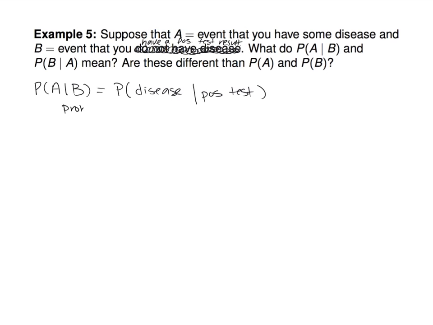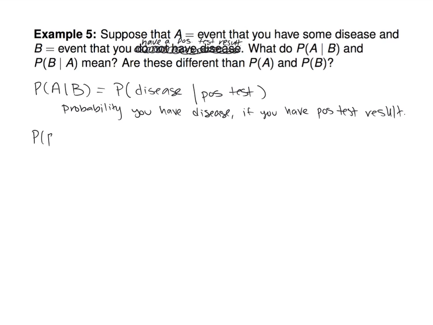So this is the probability you have the disease if you have a positive test result. And I think that's the question we want to answer with that first question that I asked on that first page, right? Suppose you know you have a positive test result, what's the chance that you actually have that disease?